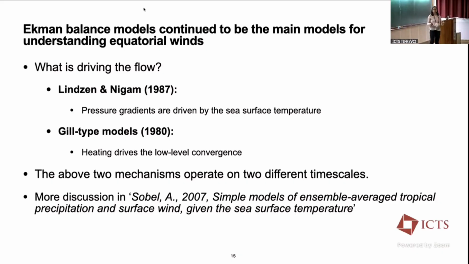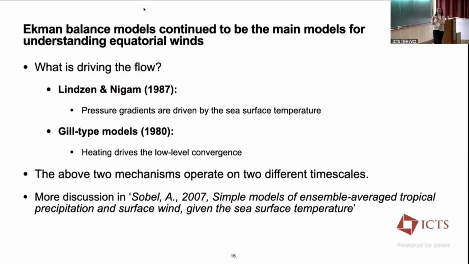There are two basic types of Ekman balance models, and I would definitely refer you to read the chapter in this book, where they go into much more detail. But I'm going to focus more on the Lindzen and Nigam type Ekman balance models.